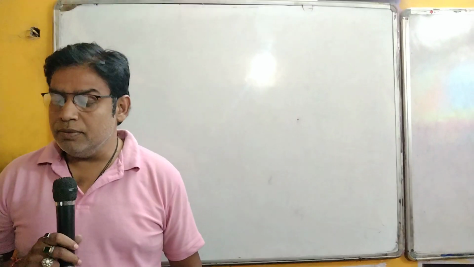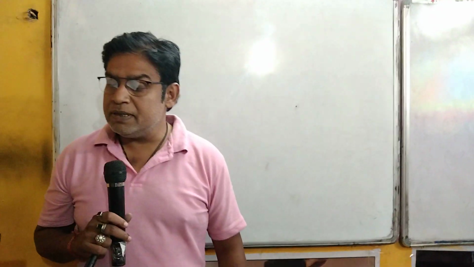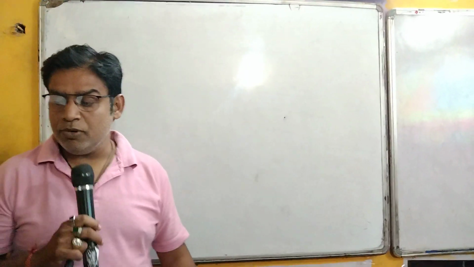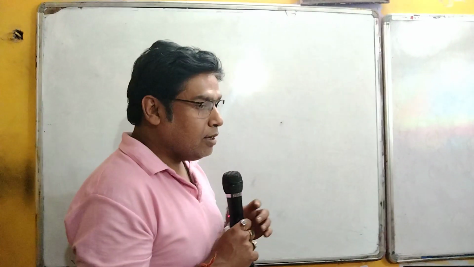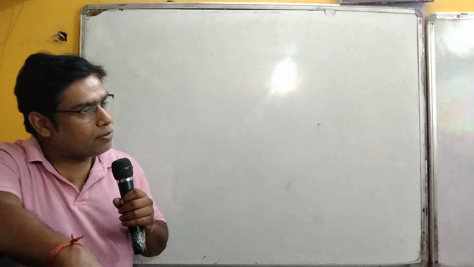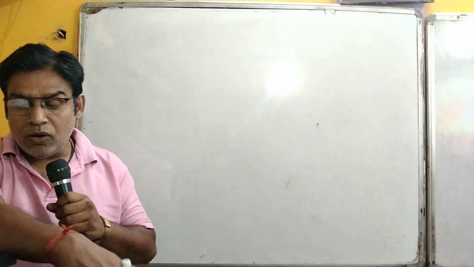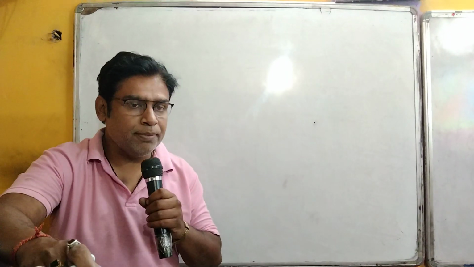As I told you, about melting point, crystalline substances possess a very sharp melting point. I repeat, the crystalline substances possess a very sharp melting point, whereas the amorphous substances show a gradual decrease in their melting point. So all the crystalline substances possess a sharp melting point, and amorphous substances melt over a particular temperature range.